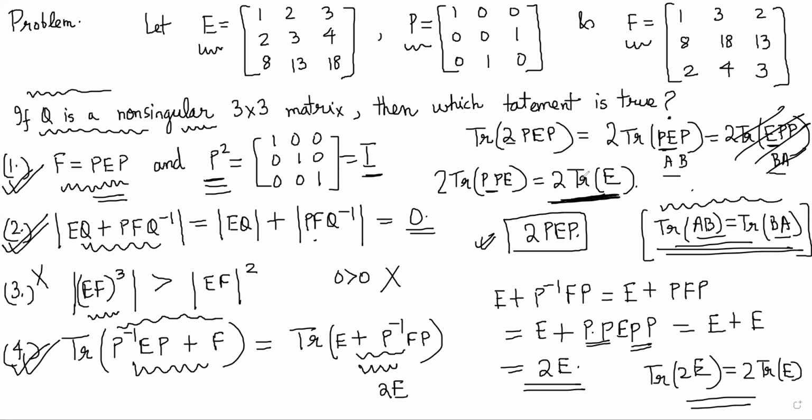I'm using the fact that trace of KA is equal to K times trace of A. And I'm also using the fact that trace of AB is equal to trace of BA, right? These 2 properties are helping us figure this out. And also the fact that we already knew that P square is equal to I, that F is equal to PEP, and those things, right? So the earlier options are helping us figure out the last option, right?